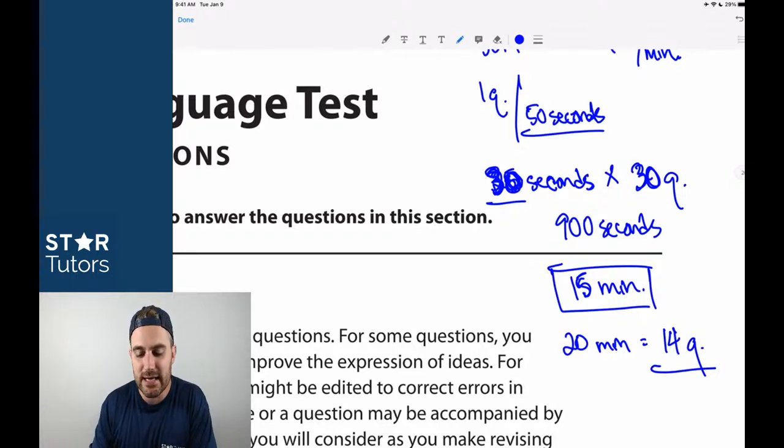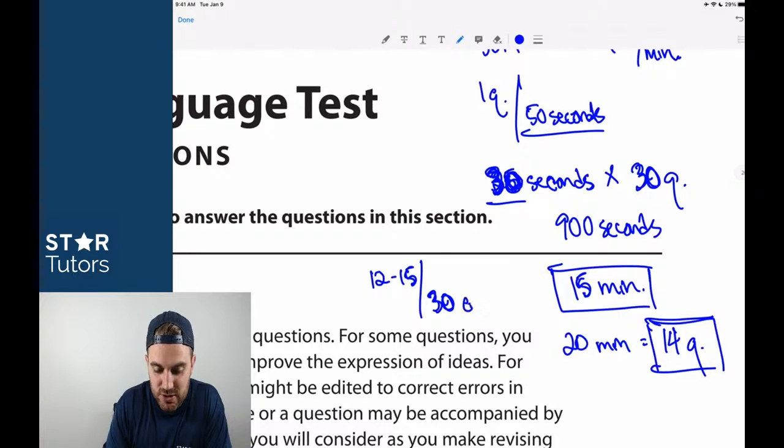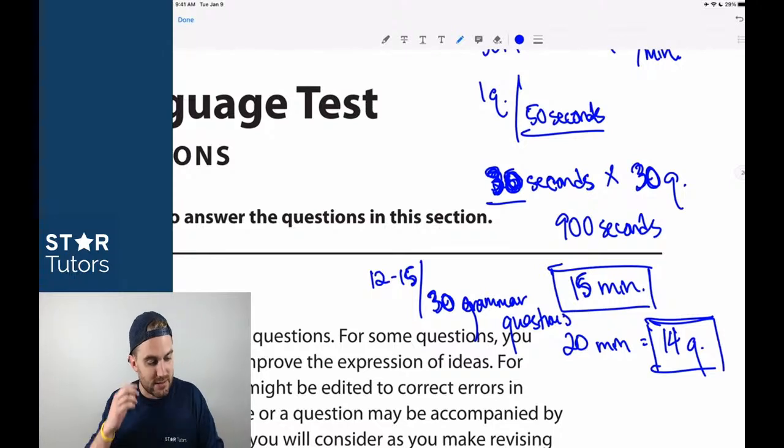If you just spend the time to memorize the grammar rules, what we're going to talk about today comprises 12 to 15 out of those 30 grammar questions, dealing with these 3 rules. It's so important that we memorize that.